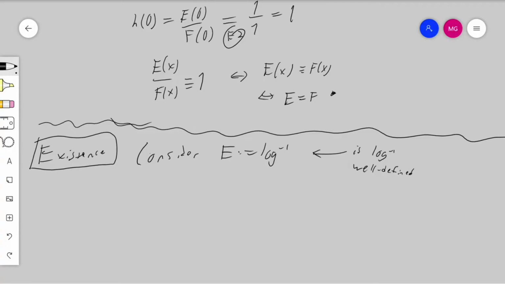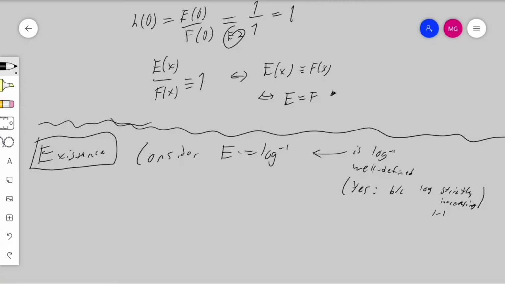The answer is yes, and this is because log is strictly increasing, which is one of the properties that we exhibited before. Due to the fact that it's strictly increasing, it's 1-to-1, and if it's 1-to-1, it's invertible on its range. So this is a well-defined function.